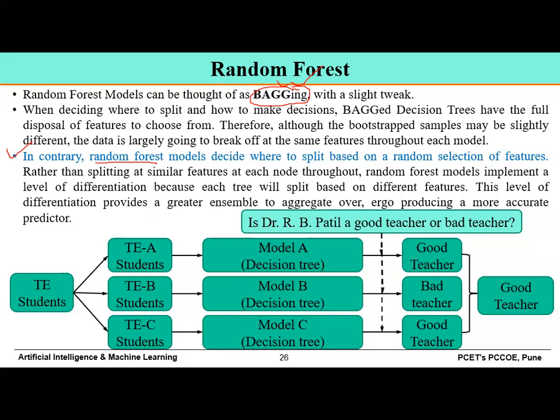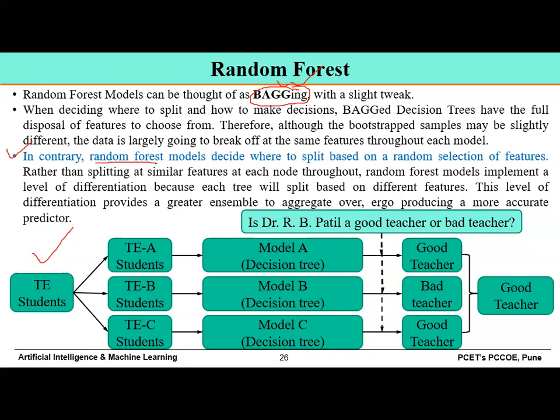Now the second difference is, let us look at this particular example. This is the same example if we compare with the previous example, right? But do you see any difference between the last slide example and this slide example? Same model, right?